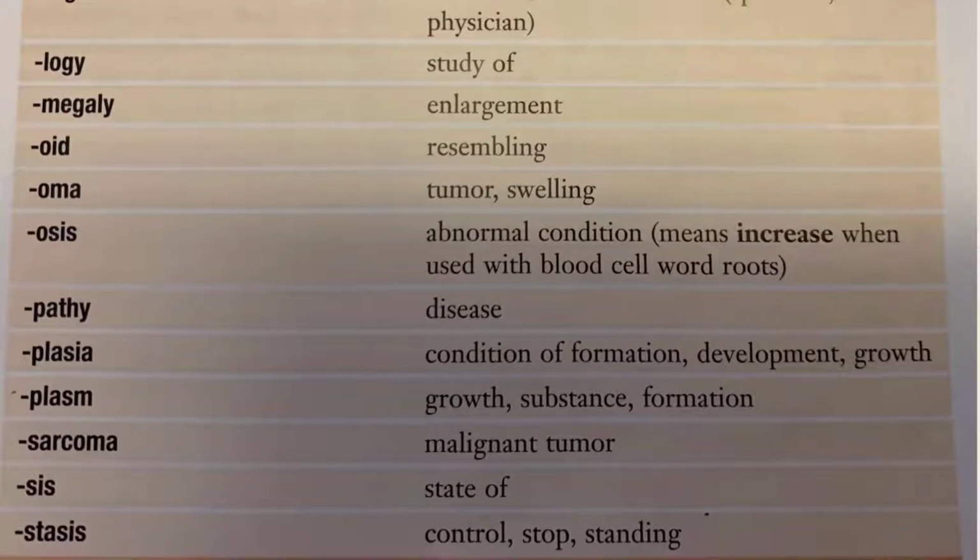I'll point out pathy, about three-quarters of the way down the list, meaning disease. We see pathy used a lot. So that's one that you're probably not going to have to memorize because you'll just use it so much that you'll remember it. But for example, here we have pathy as a suffix, and we could say a word like homeopathy, which is gaining interest more so.